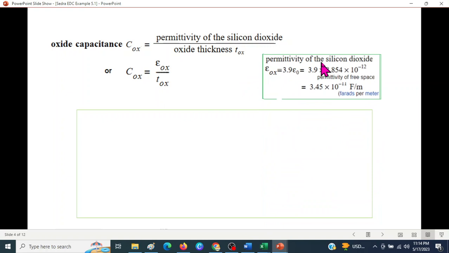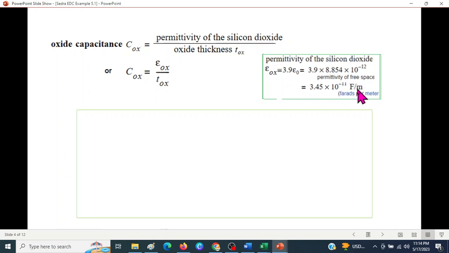And permittivity of silicon dioxide is further given by 3.9 epsilon naught. Epsilon naught is the permittivity of free space, which is 8.854 into 10 raised to the power minus 12. So solving this will give the EOX that we'll be using.